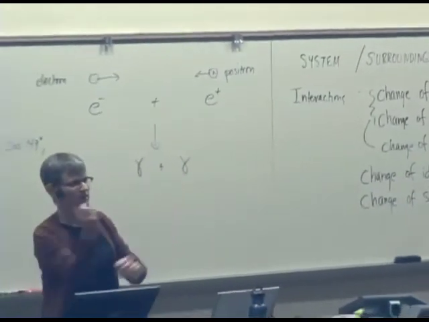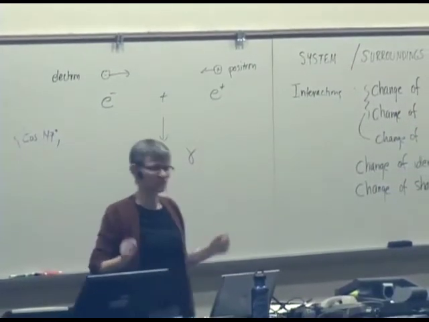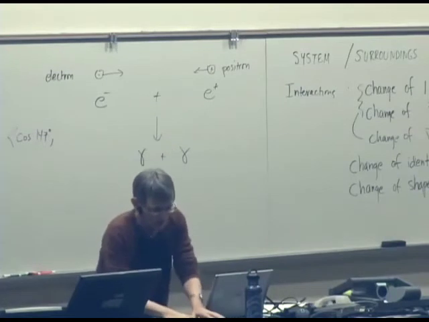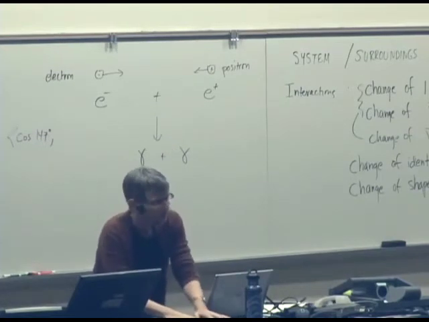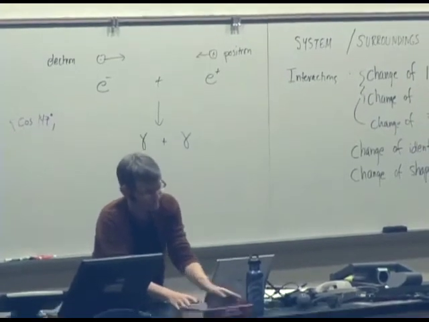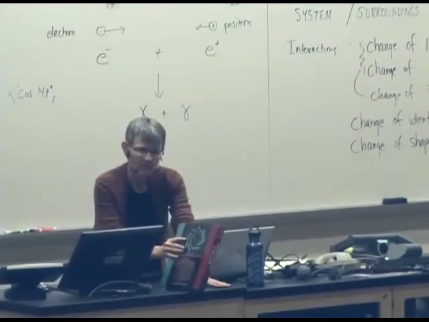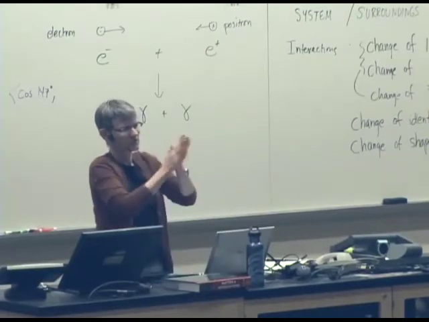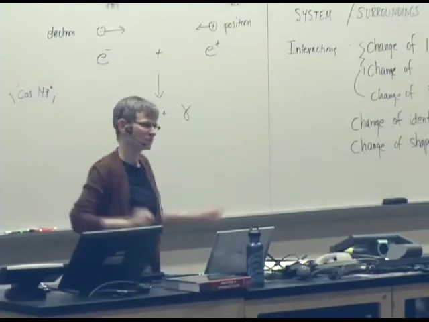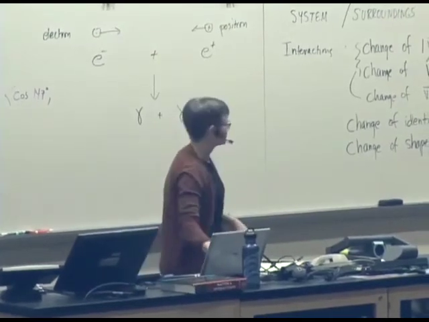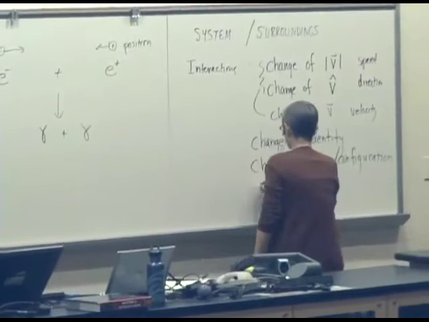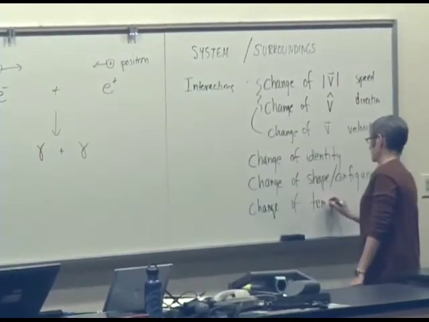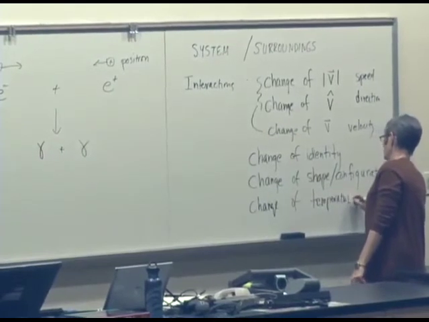For macroscopic objects that are made of lots and lots of different atoms, there's another indicator of interaction. So suppose I rub this book on the table. The book and the table are a little warmer. They get hot. Rub your hands together, your hands get hot. Change of temperature is also an indication of interaction.